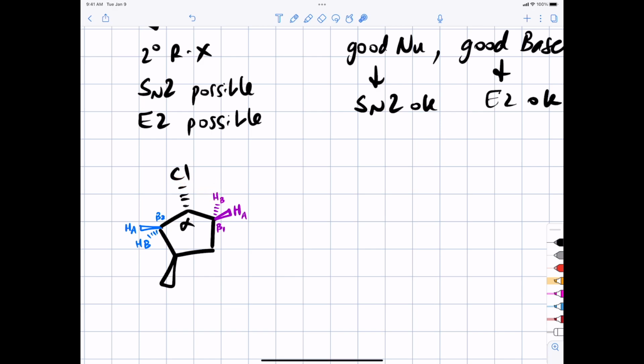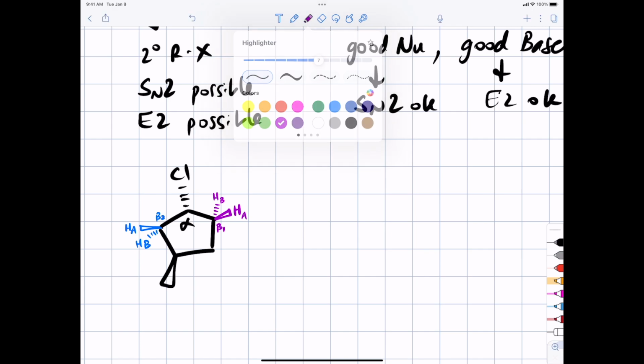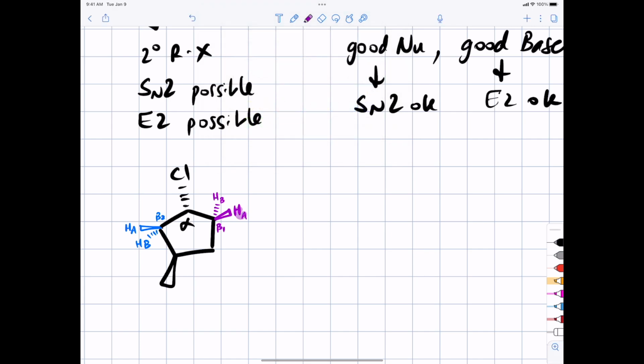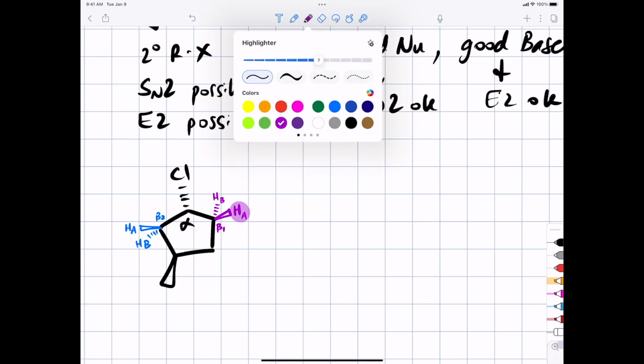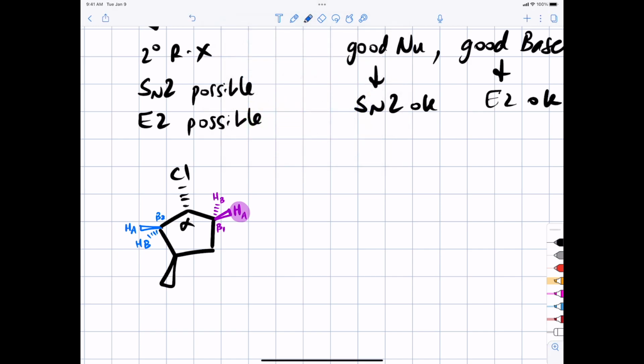So which protons on either of the beta carbons can be anti to the leaving group? For the purple beta carbon, only beta proton A can be anti to the leaving group. For the blue beta carbon 2, only A can be anti to the leaving group.